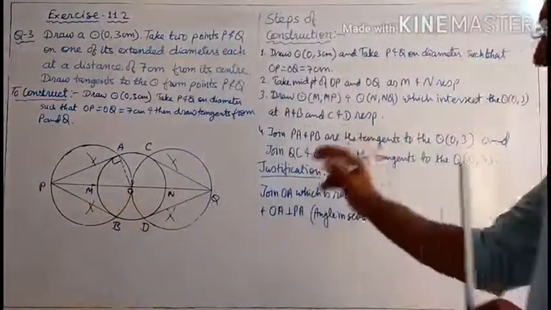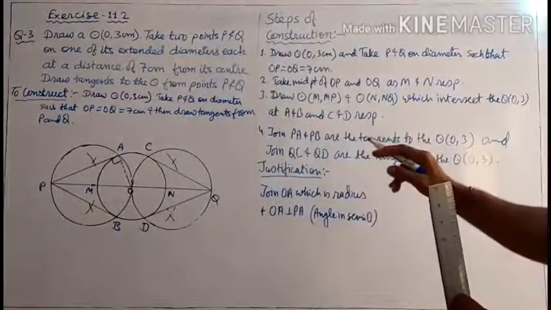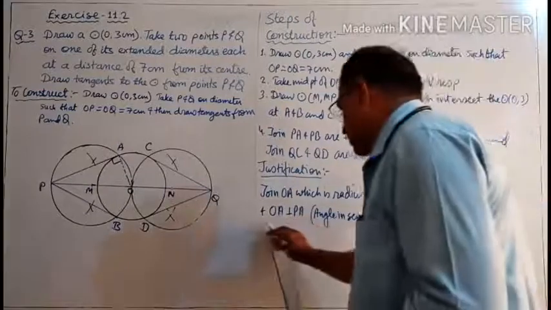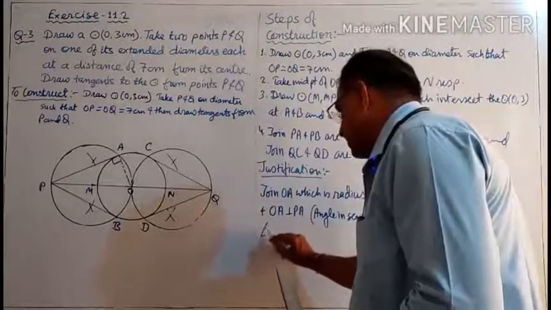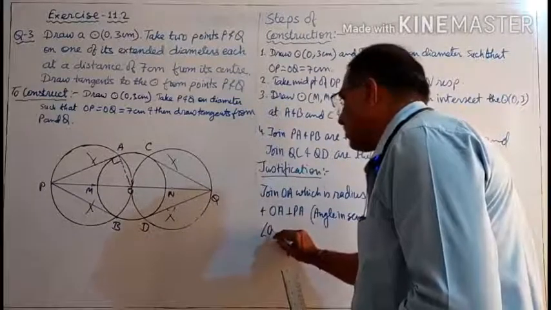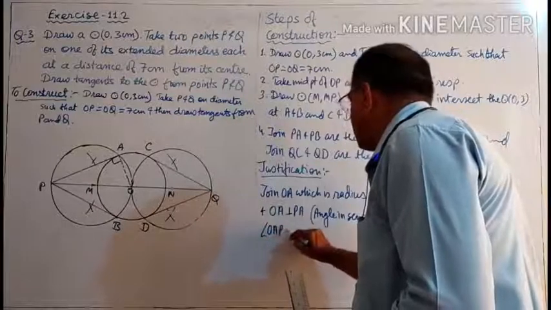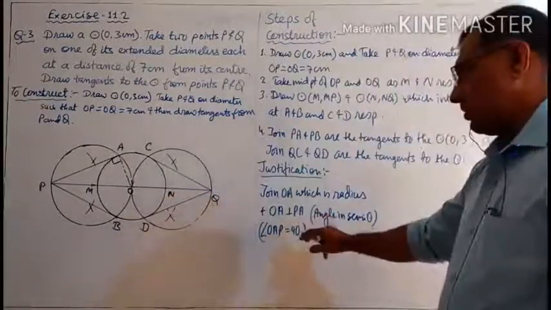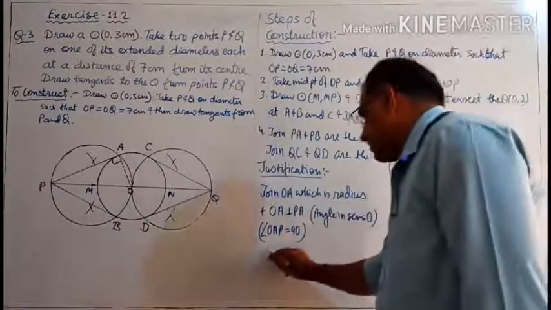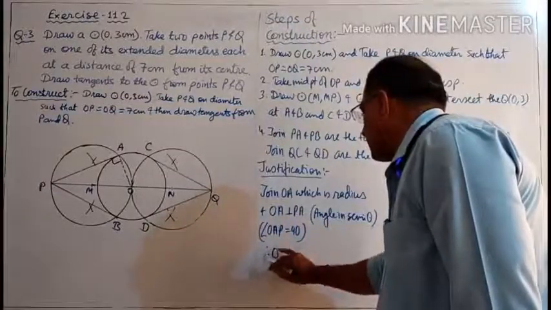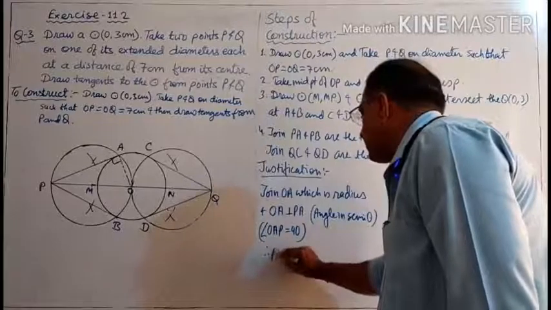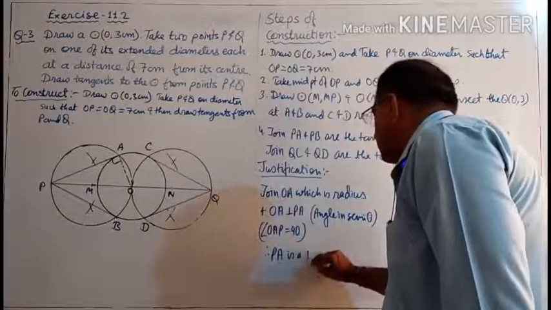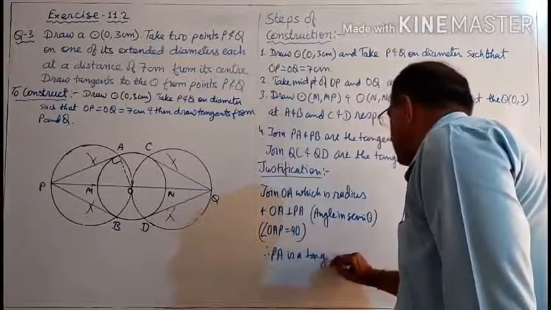So when radius OA is perpendicular to this, angle OAP is equal to 90 degrees. Is it clear? That is perpendicular and also it is a radius, therefore PA is a tangent to the circle.